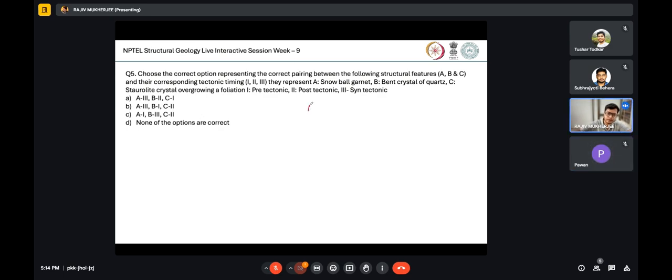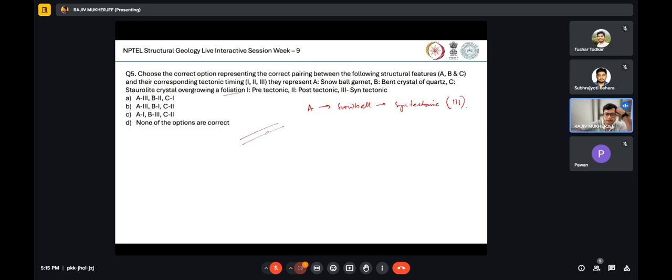So snowball, it is definitely syntectonic. So A is 3. Now, staurolite crystal overgrowing a foliation. So when can this happen?